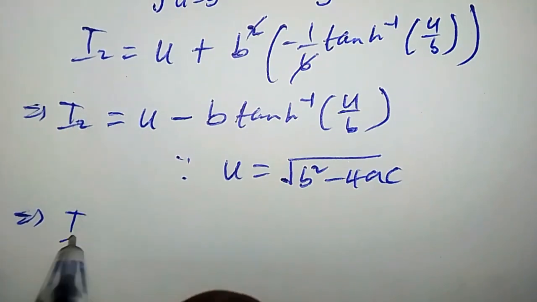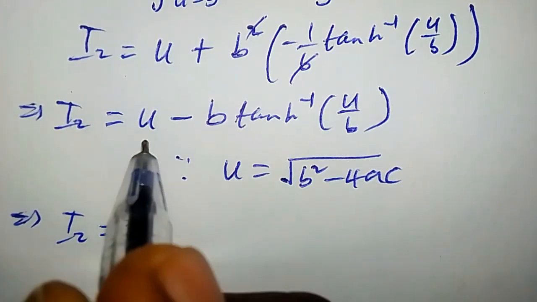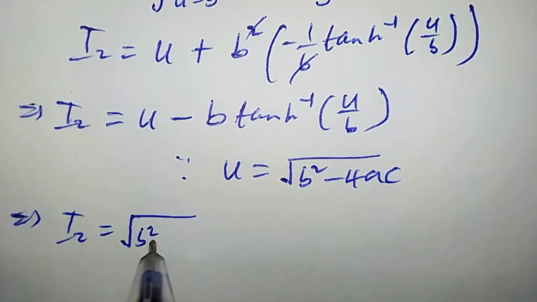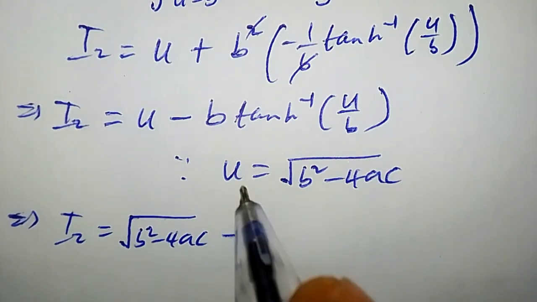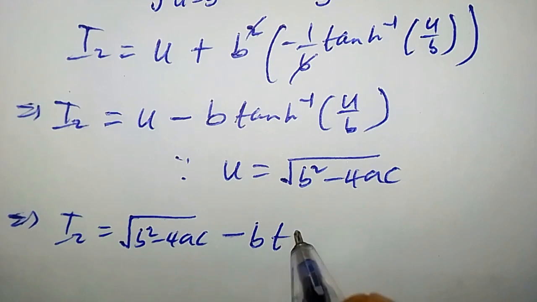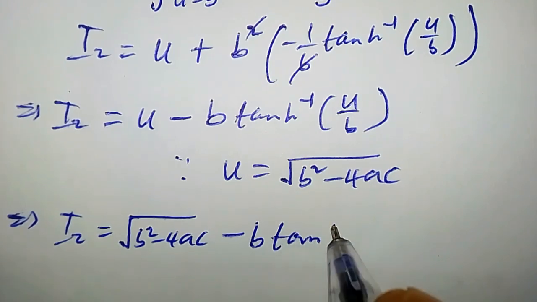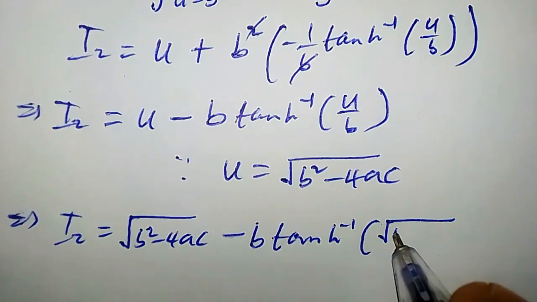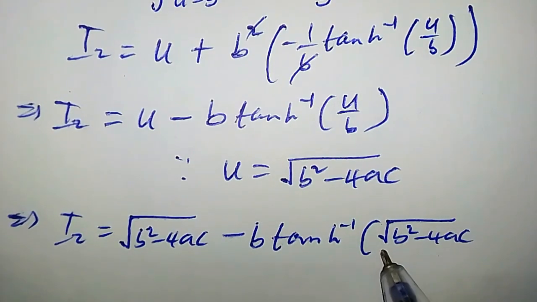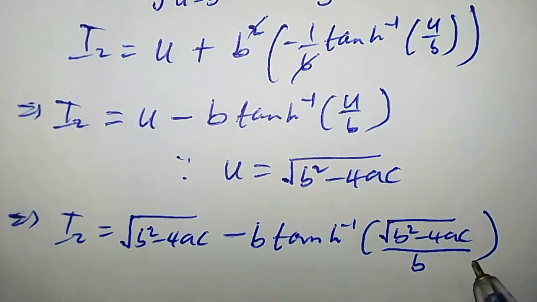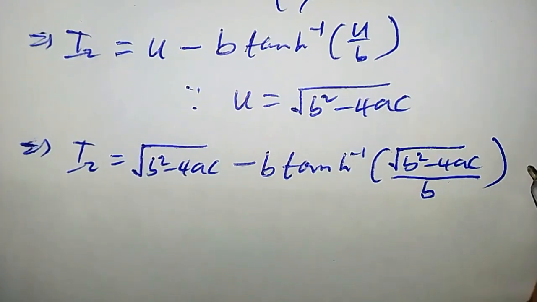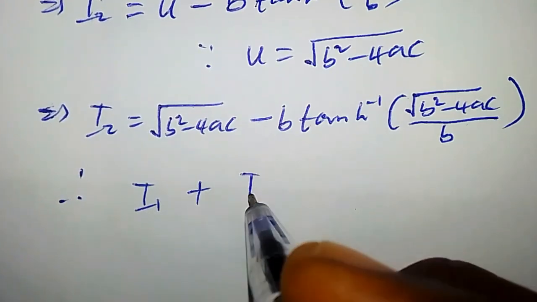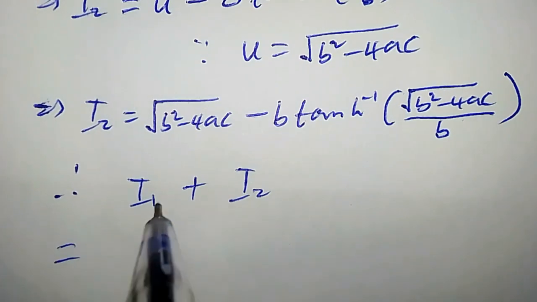This means that I2 is equal to, whenever we see u, we just input this square root of b squared minus 4ac minus b times inverse hyperbolic tangent of u, now this square root of b squared minus 4ac over b, close the bracket. This is our I2.